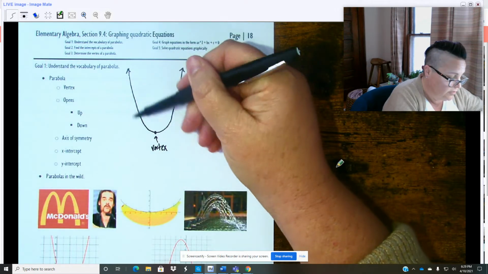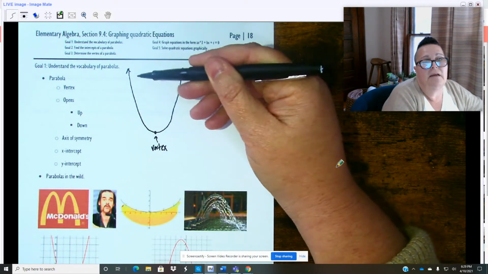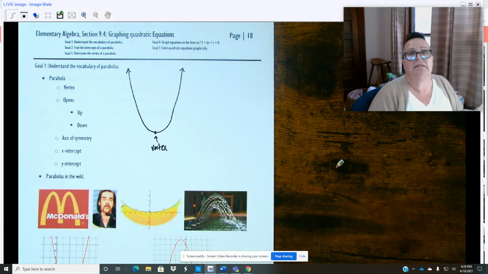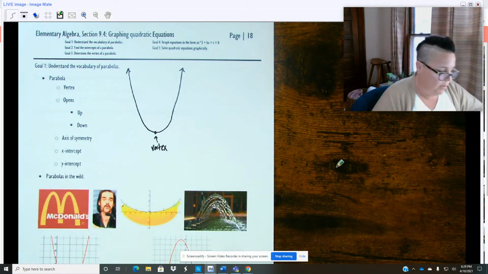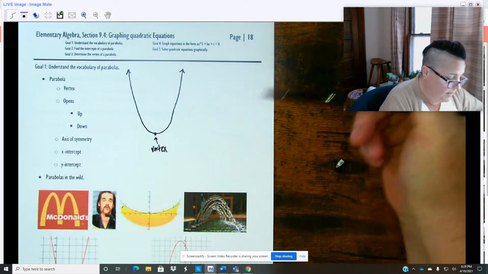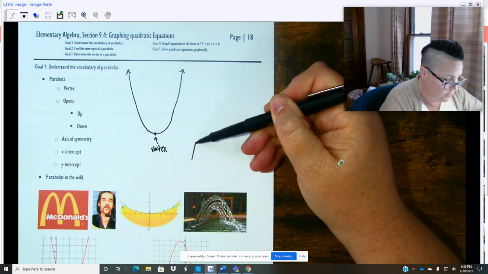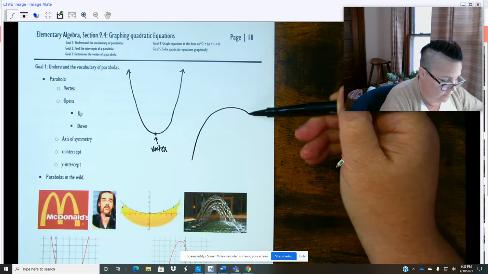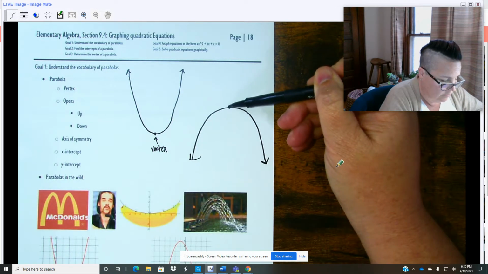This is known as the vertex. This particular parabola opens up, meaning that it's like a lemur rising to the sun. Right? I'm saying that because it's spring. You can also have a parabola that opens down. So whether you have a smile or a frown, a parabola that opens down would look like a frown.